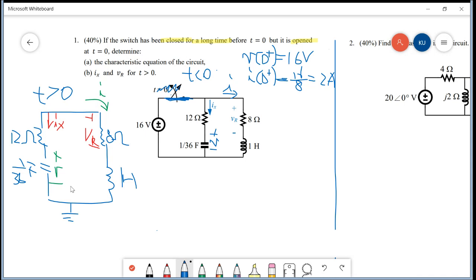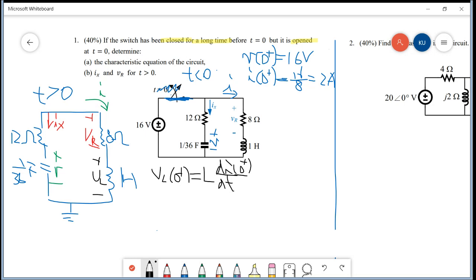And actually, as this one is continuous, we may also call this one VL. So actually, VL 0 plus will be L, which is 1, di dt at 0 plus.